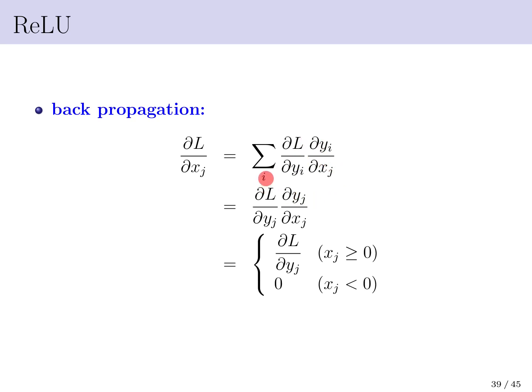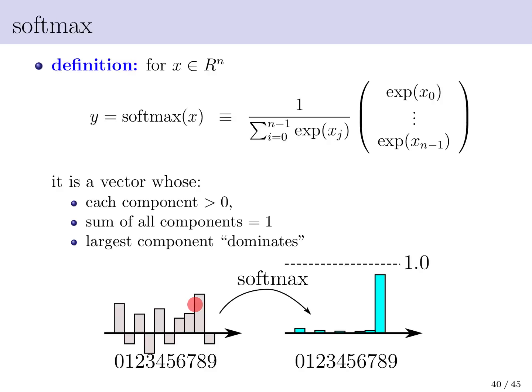If you take the sum over all the i's, all the components except i equal j are simply zeros. So only one term remains, and this is simply it. So if xj is larger than 0, then only this term remains, because this is 1, and otherwise 0. So the rule is very simple.